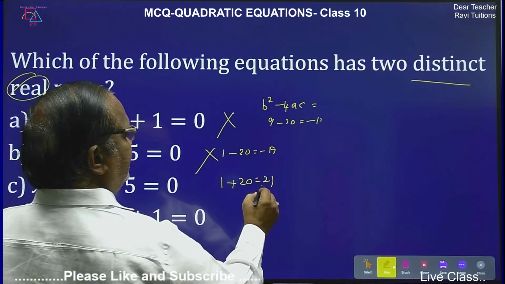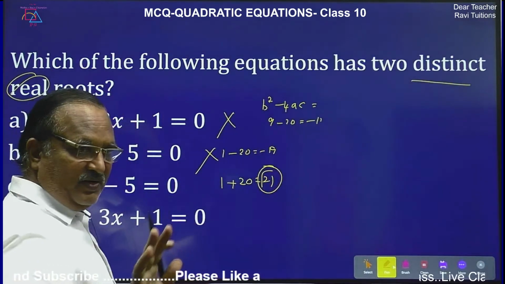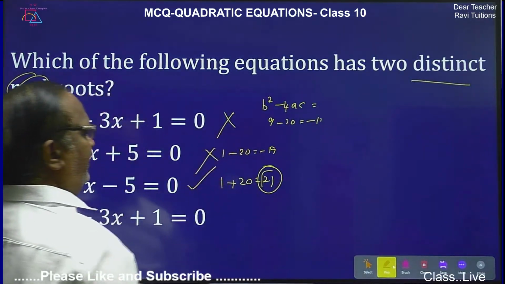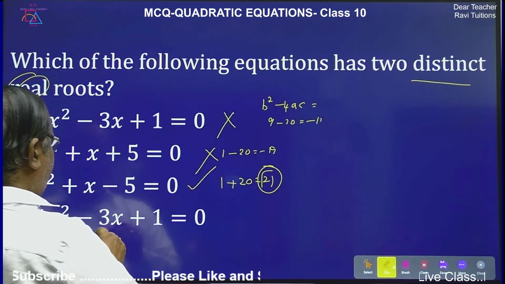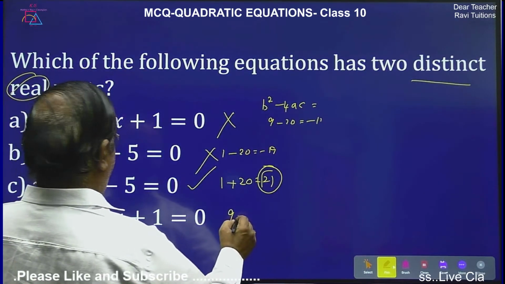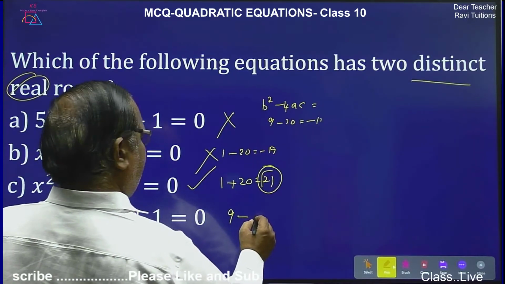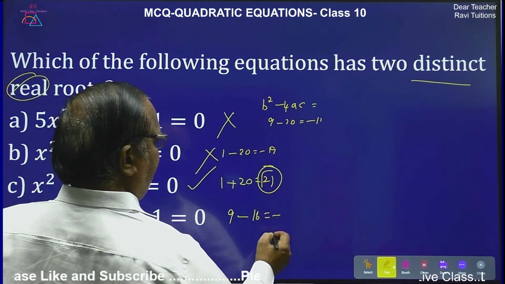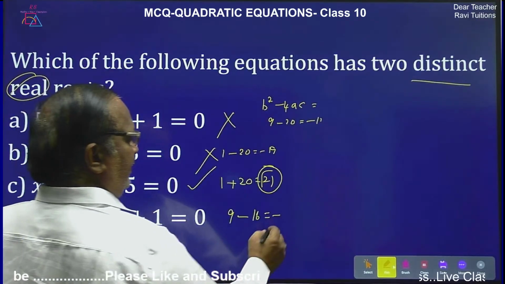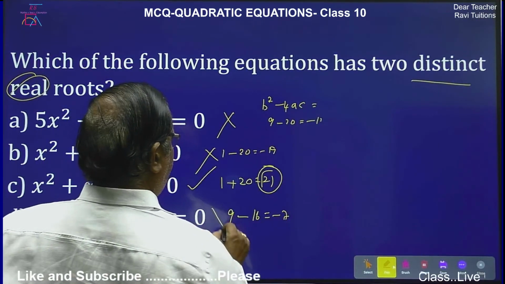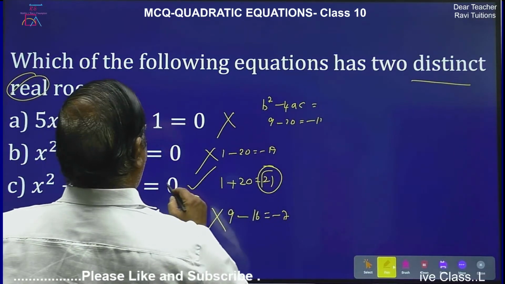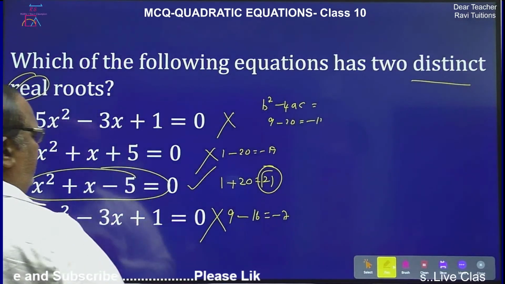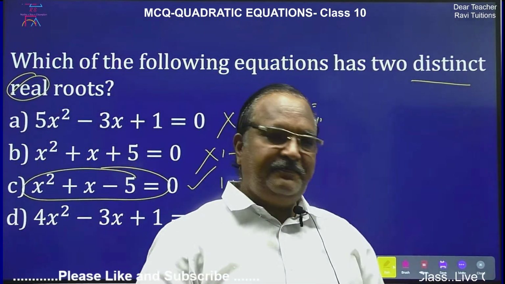So this is square root of 21, not 0, therefore this will be the answer. Let us check this also. 9 minus 16, which is equal to minus 7. So this is also not real. So answer is x square plus x minus 5.